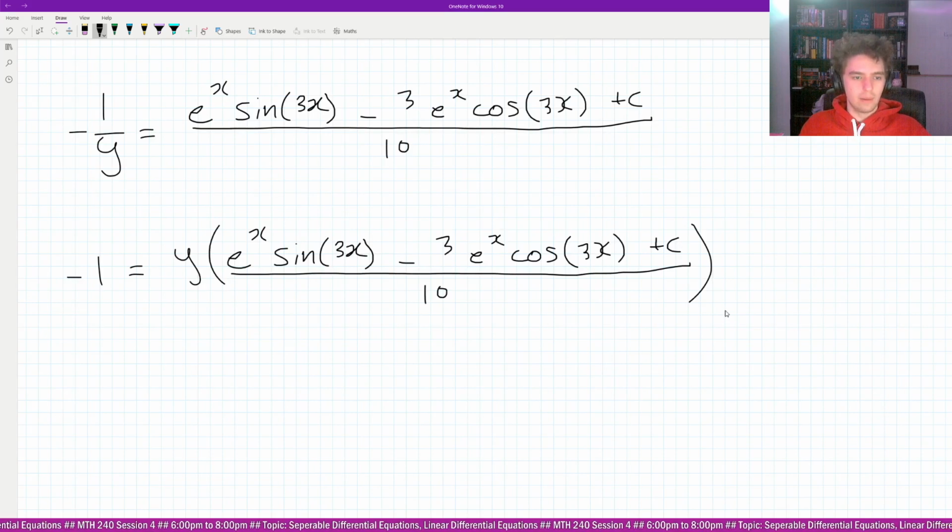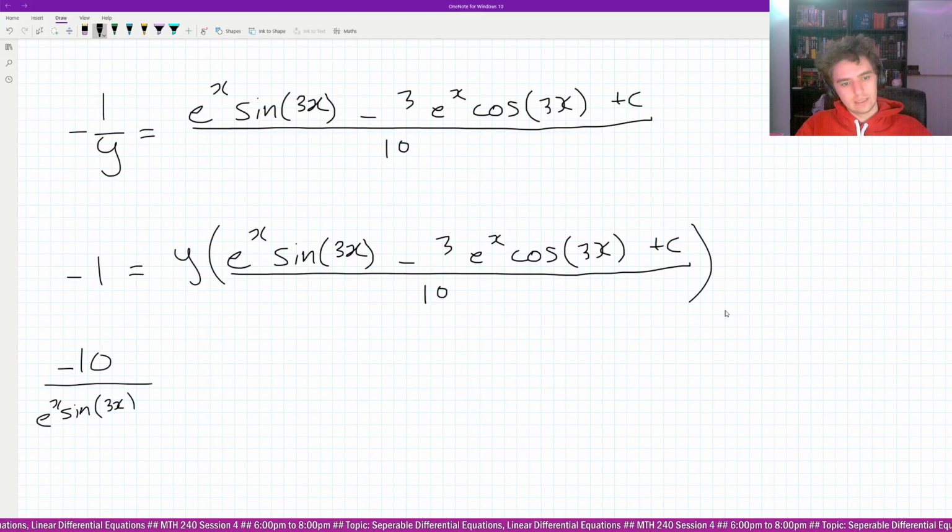Yeah, and then now I'm going to flip it. Right now it's going to be, multiply both sides by 10 over e to the x sine 3x minus 3 e to the x cos 3x plus c. So it's negative 10 over e to the x sine 3x minus 3 e to the x cos 3x plus c equals y.